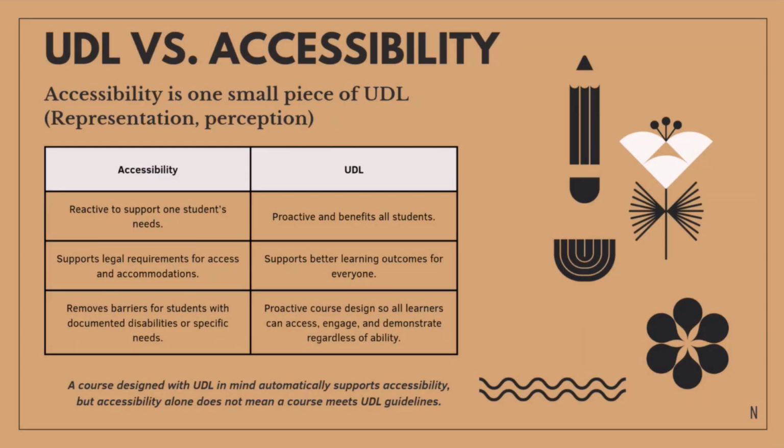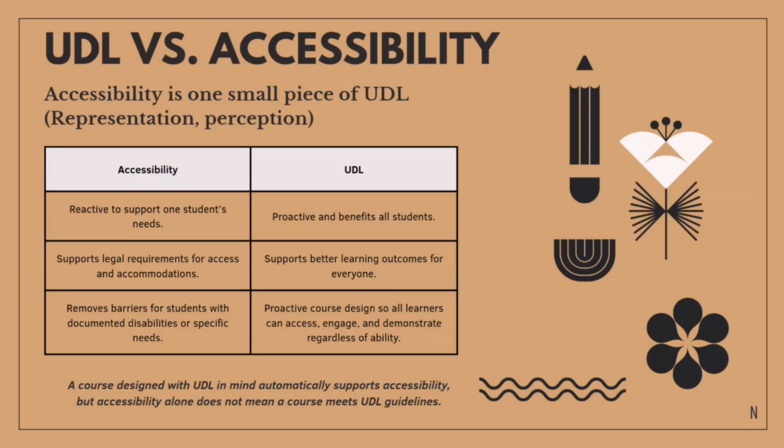And so as we look at these columns here, we can actually compare accessibility versus UDL, and accessibility is reactive to support one student's needs, or it could be a few students' needs in a class that have been recognized as needing support. UDL, the Universal Design for Learning, is proactive in making your course more available to every student. So the content's more open and free to them all.